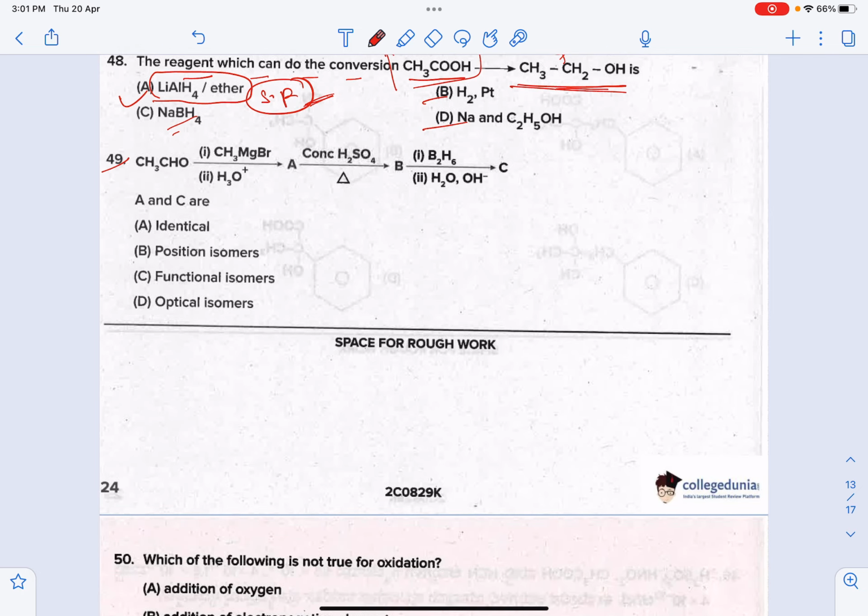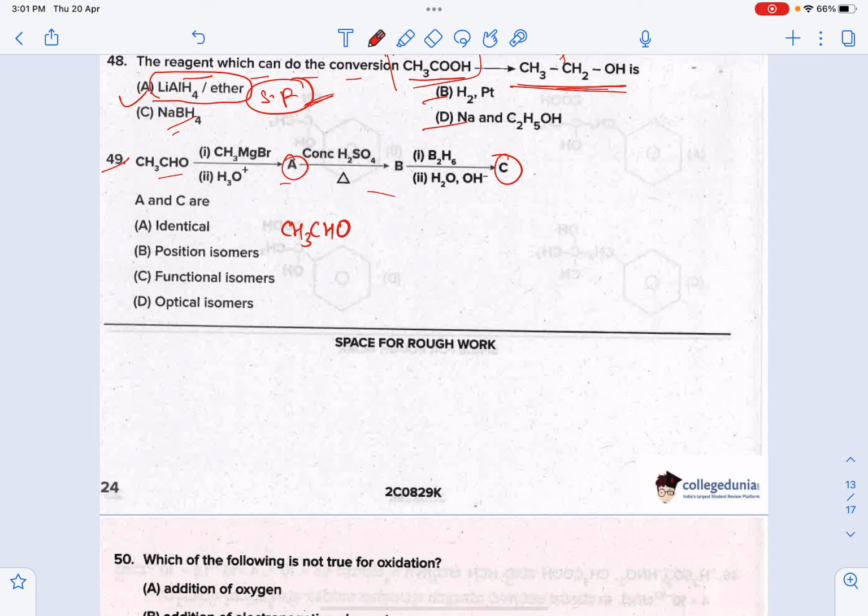Next is 49. Some reactions are given and A and C are asked. So let's do the reaction. In this question CH3CHO is given.